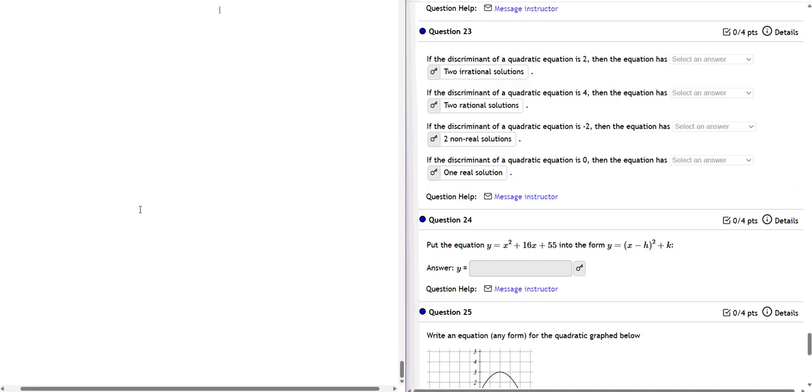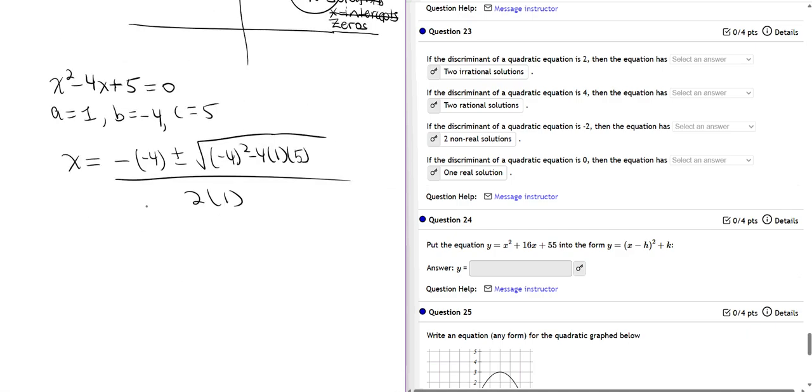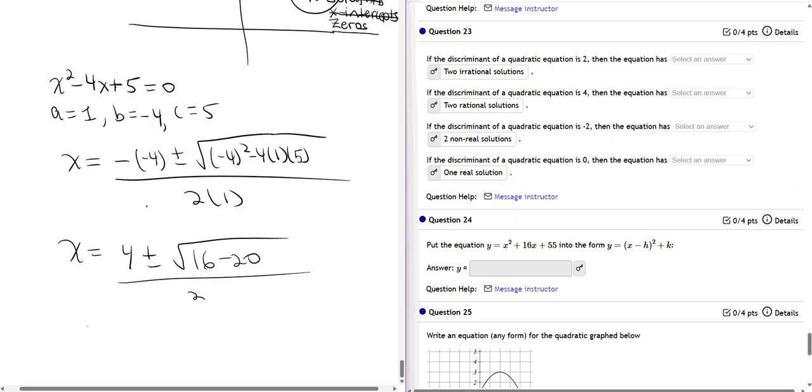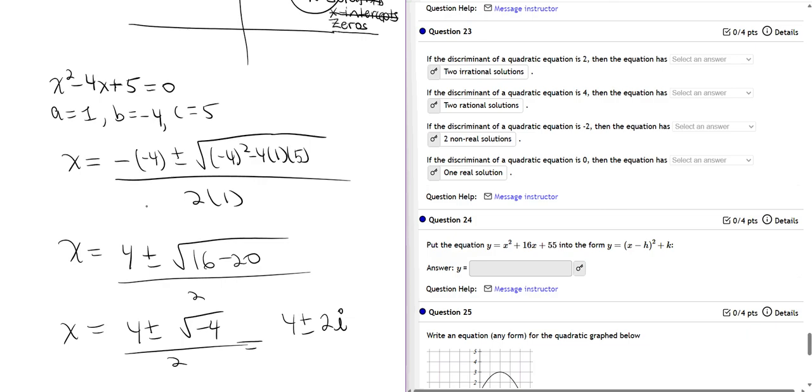And what's going to end up happening here is this part underneath is going to end up being negative. So we'll have 16 minus 20, which is -4, and that's 2i when you simplify it.